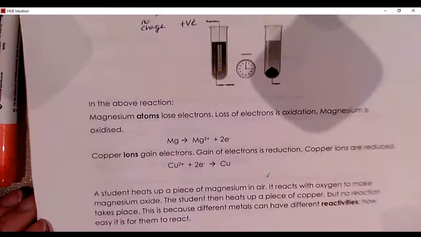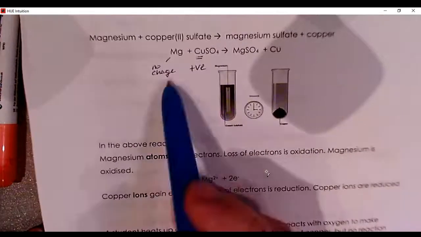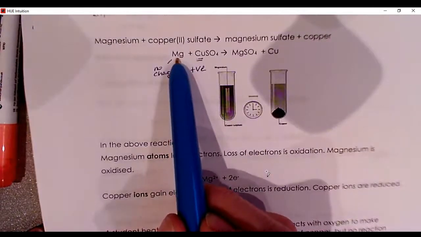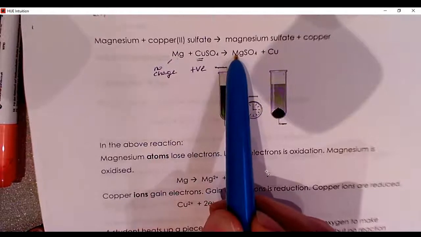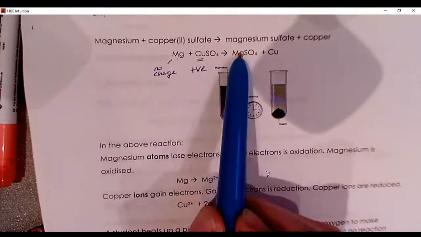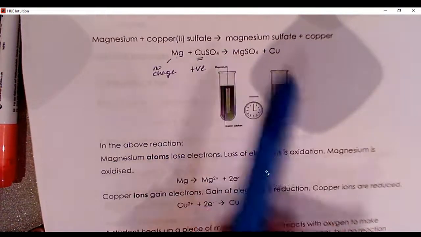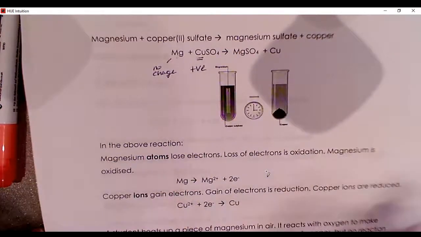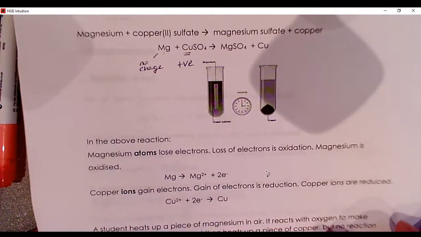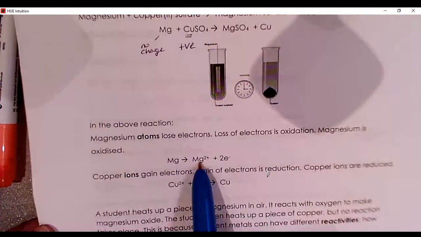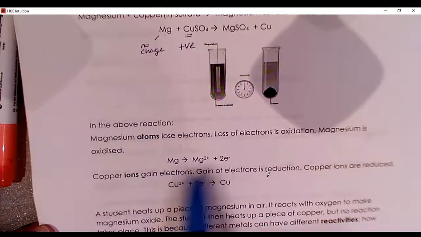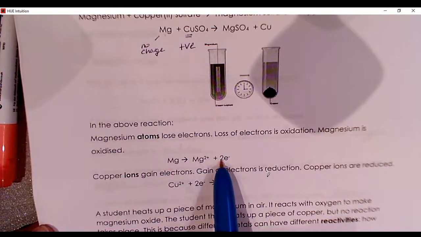Right, so in this instance here, magnesium atoms become magnesium ions. So they must have lost electrons to form a positive charge. And remember, loss of electrons is oxidation. So the magnesium atoms have been oxidized to magnesium ions. And we show that with the electrons being produced, their product.